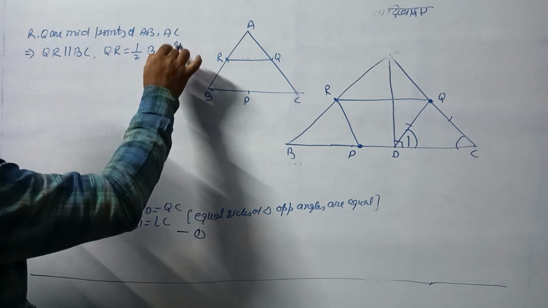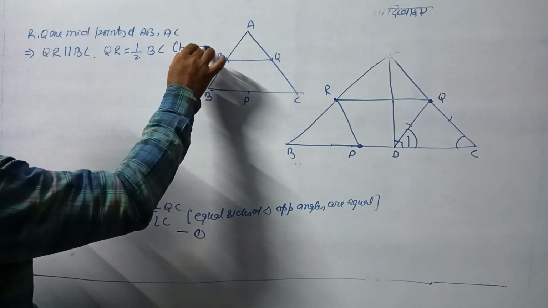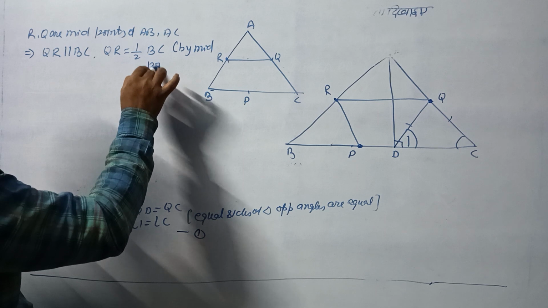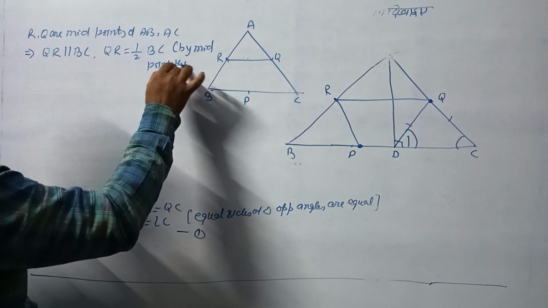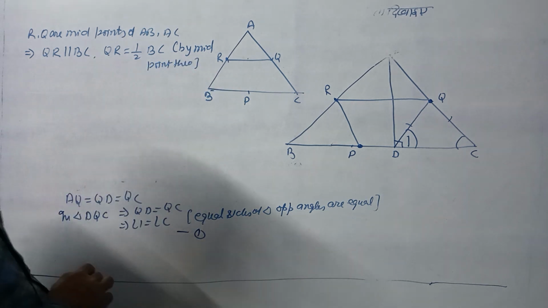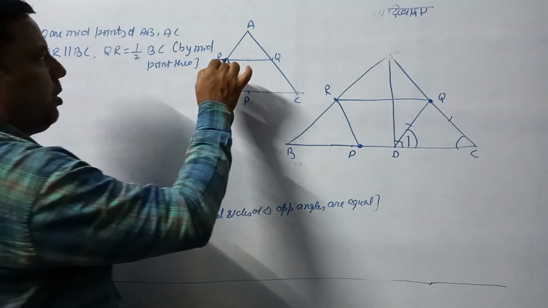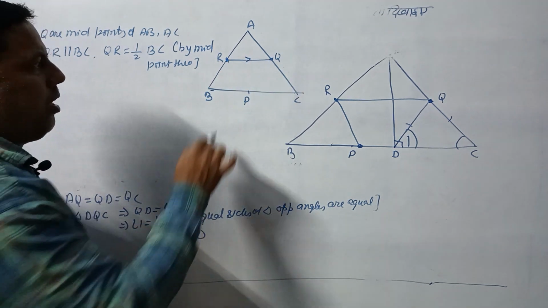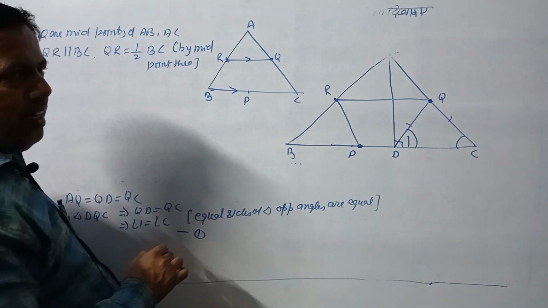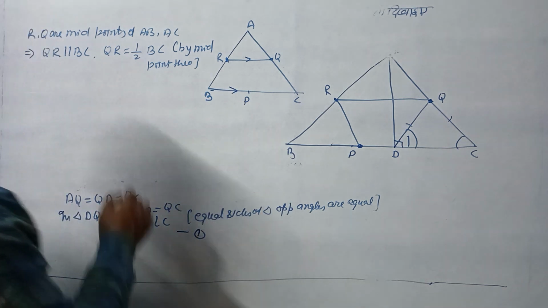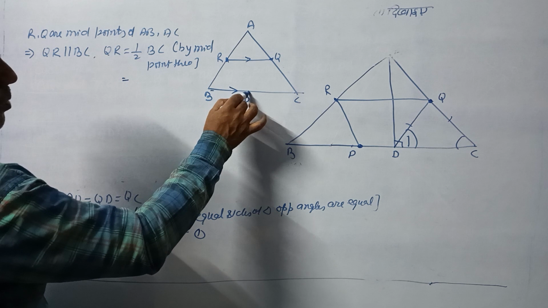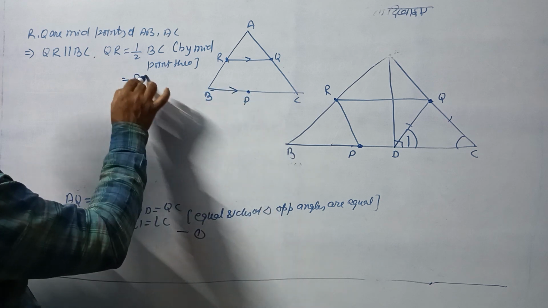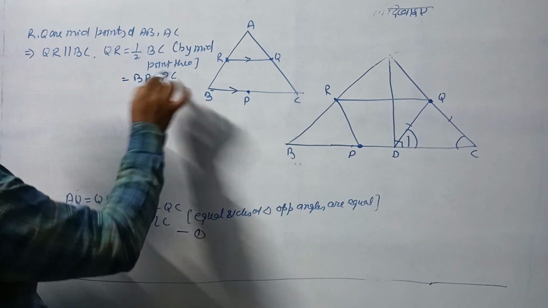Why? The line segment joining the midpoints of two sides of a triangle is always parallel to the third side and half of it. P is the midpoint, then BP equal to PC.